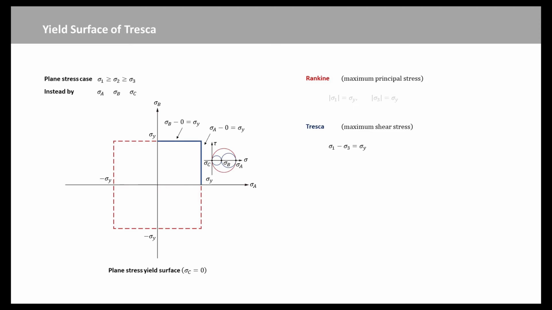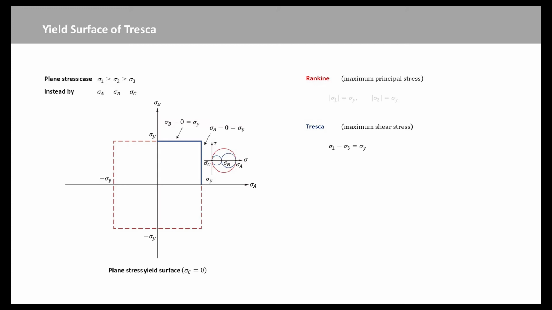Next, let's plot the yield surface for the Tresca theory. This theory states that yielding occurs when the difference between the maximum and minimum principal stresses is equal to the yield strength of the material. But it is not as simple as taking the difference between sigma A and sigma B. Plane stress is still a three-dimensional stress state.